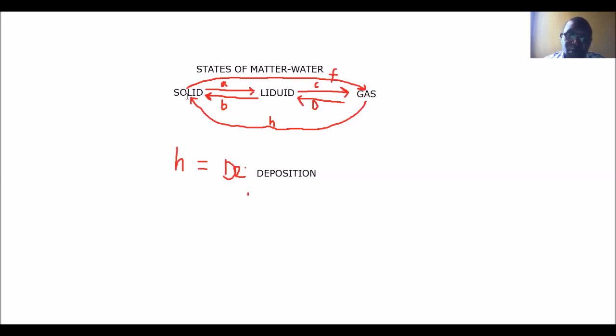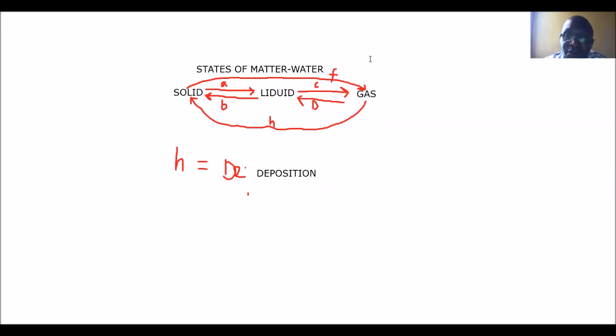For example, the chemical composition of water in solid state will still be H2O. In liquid state, it will still be H2O. In gaseous state, it will still be H2O. So there is no change in the chemical composition of the substances.